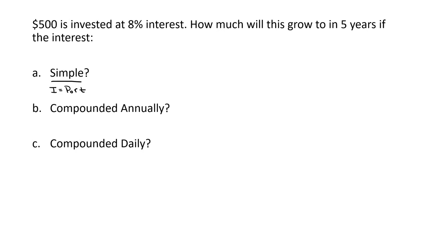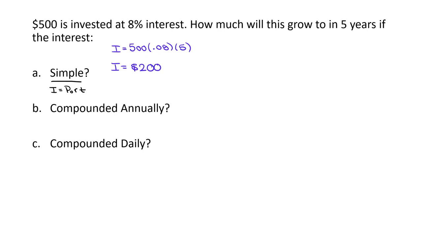So part A actually says simple interest, so I'm going to go back to that first formula, I equals PRT. The P is the $500, R is 8% or 0.08, and T would be 5 years. So put that into my calculator, 500 times 0.08 times 5, and I got $200.